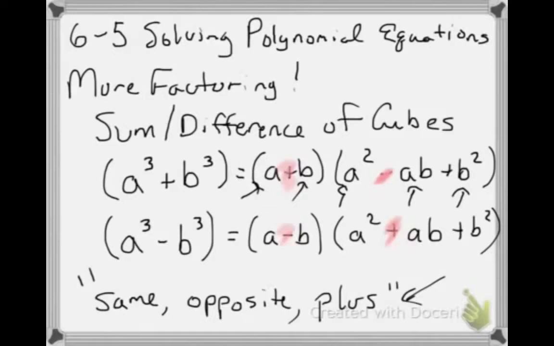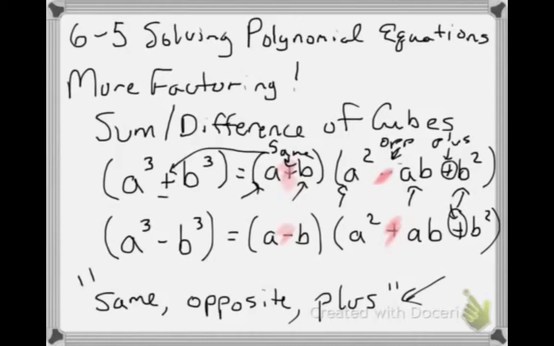Same, as in the same sign as the original. See how in the first term it's a plus, because in the first pattern it's a cubed plus b cubed. Then I use the opposite for my second sign, so in the sum I used minus, because that's the opposite. And then the third sign is always plus, so whether it's a sum or a difference, I'm always using a plus sign.